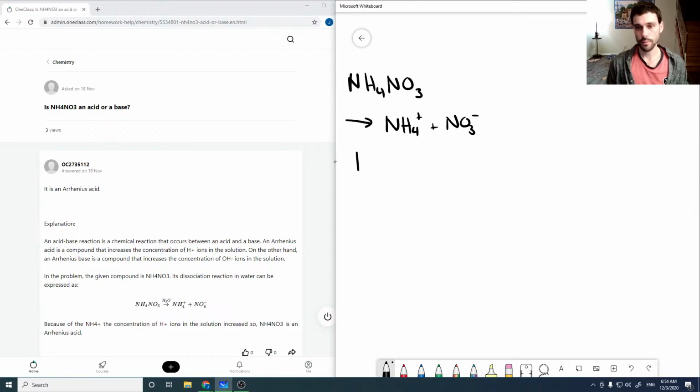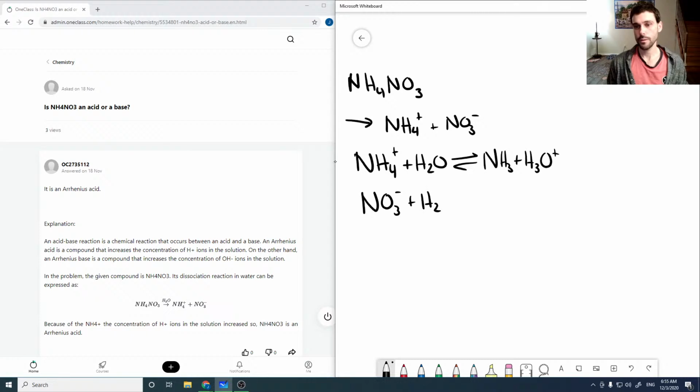If we just look at it, we've got NH4 plus, which will act as an acid to give us NH3 plus H3O plus. And then NO3 minus, we would expect it to act as a base to give HNO3 plus OH minus.